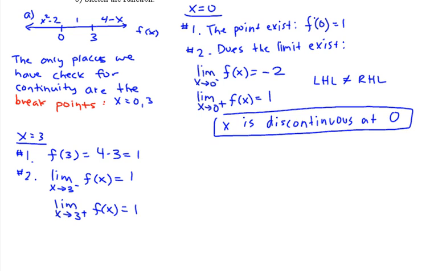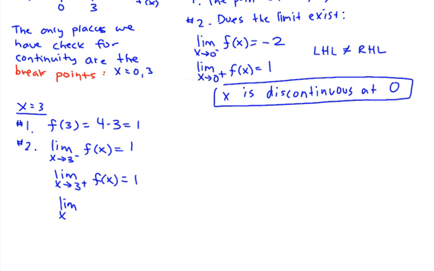So what can we say about the limit as x approaches 3? If it approaches 1 from one side and 1 from the other, it's approaching 1. Right? So that's what it's approaching. So the limit exists. It actually is approaching 1.